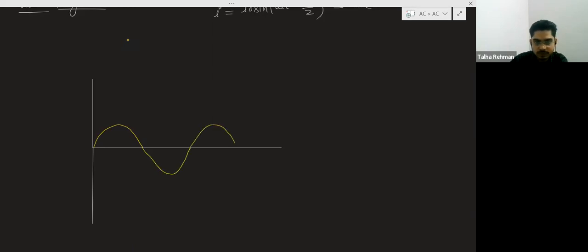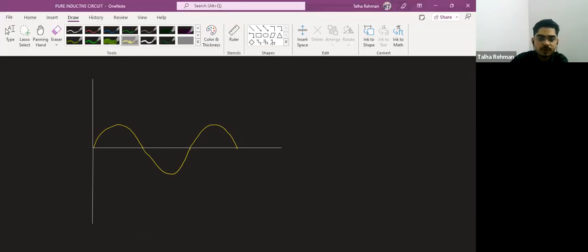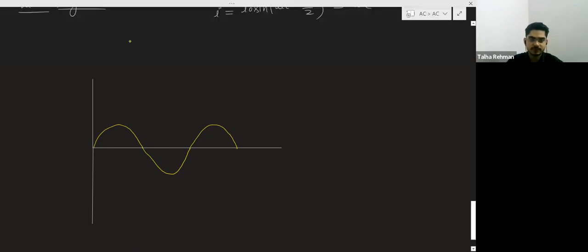We have a sine curve, and for the current you will get the graph like this. Here the value of the voltage will be 0. Here the value will be maximum.